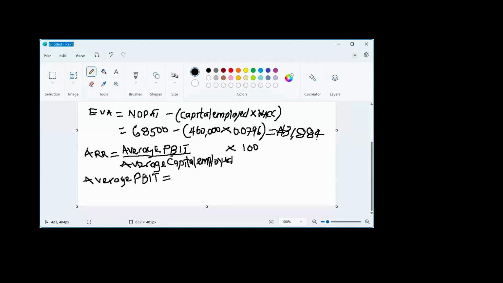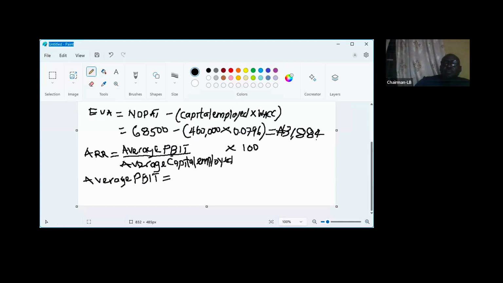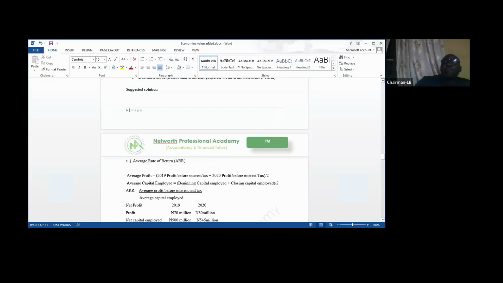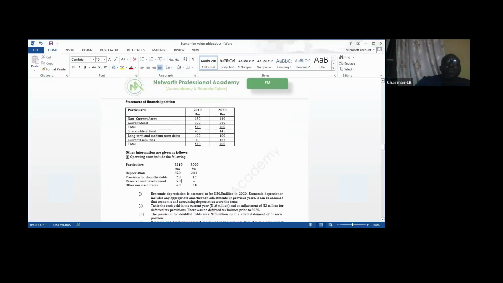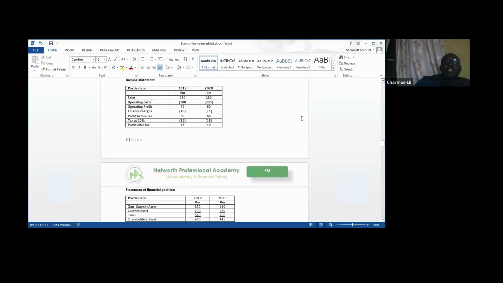And check 2020. Come to your income statement. Please note, your operating profit is also your profit before interest and tax.